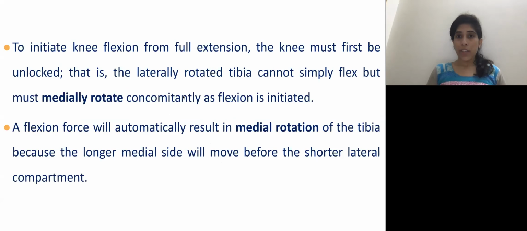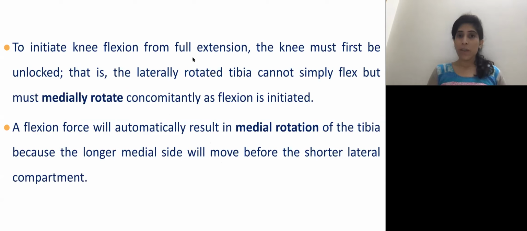So to initiate the flexion motion from full extension, the knee must first unlock, right? If it is not unlocked, then it might damage the ligaments or menisci and other structures. So to avoid these injuries, we require to unlock the knee joint, and to unlock the knee joint we require the medial rotation of the tibia.